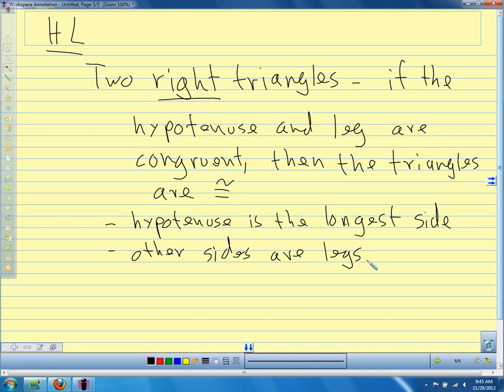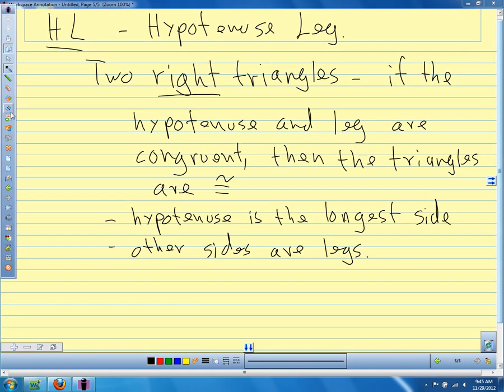So side-side-angle works only with right triangles, and in that case we call it hypotenuse leg. As long as we have the hypotenuse and one leg, then we are good with hypotenuse leg.